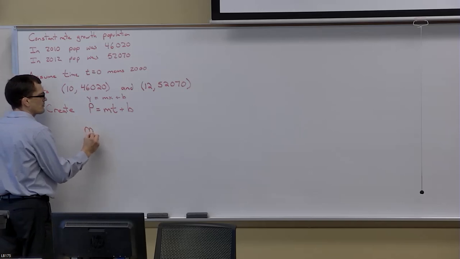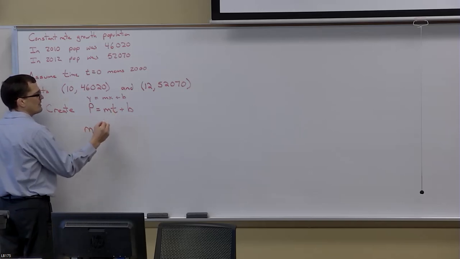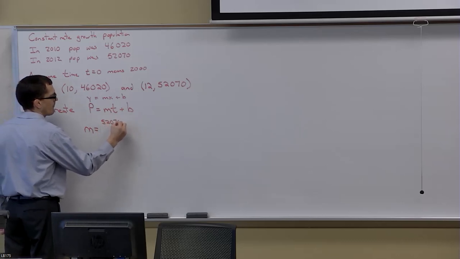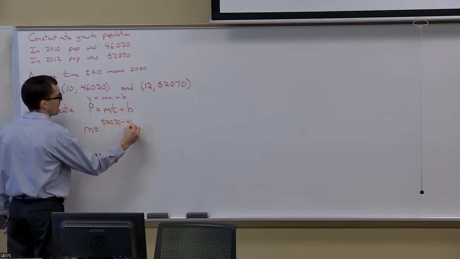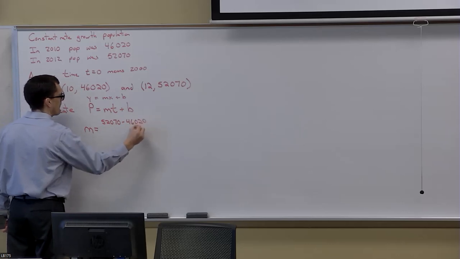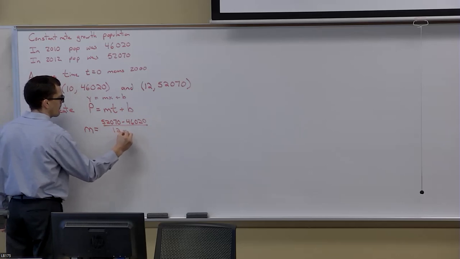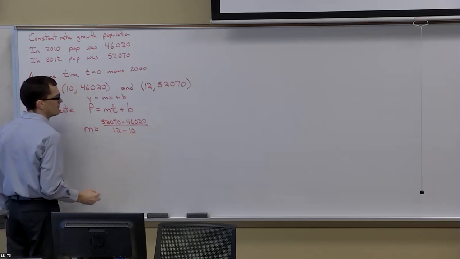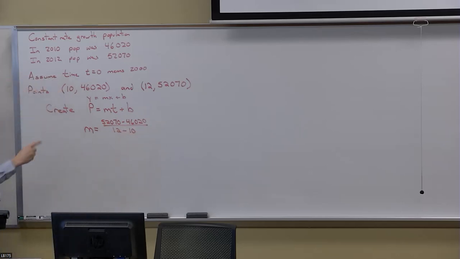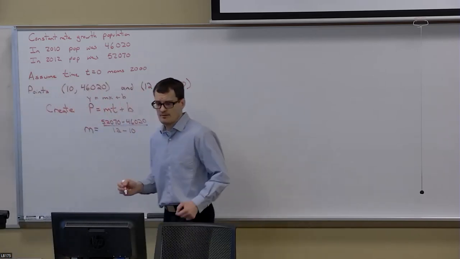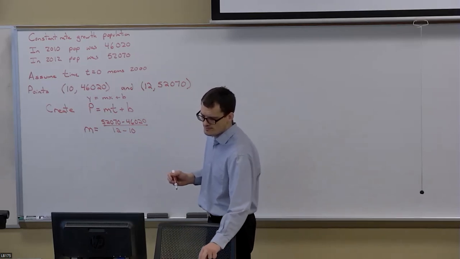First thing we want to do is create the slope. Since I'm given 2 points, I can find the slope by y2 minus y1 over x2 minus x1.